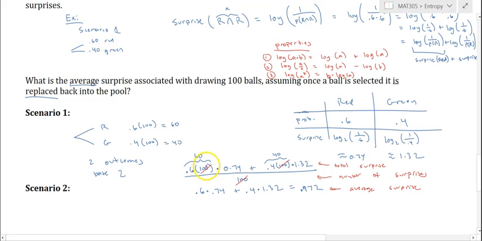After all, if we drew 200 balls, then we would just have 200 in the numerator in place of the 100s, and then a 200 in the denominator, and once again, the 200s would cancel out, and we'd get an average surprise of 0.972. So this is the average surprise per draw. This takes into account the fact that sometimes you have a high surprise, sometimes you have a low surprise, and normally you're going to have something probably a little bit closer to 0.74, right?